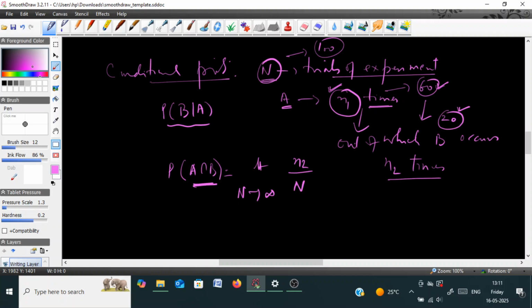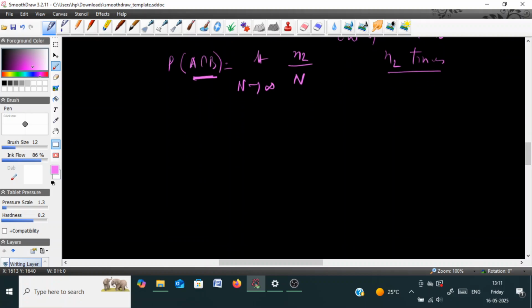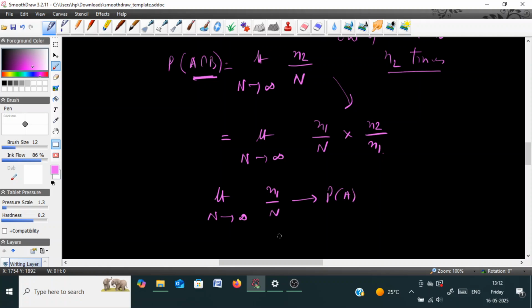So the probability of the joint event, A intersection B, is the limit as n approaches infinity of n2 by n, and I can write this as the limit as n approaches infinity of n1 by n into n2 by n1. Now if you look at this equation, the limit of n1 by n gives you the probability of A, because n1 is the number of times event A occurs.